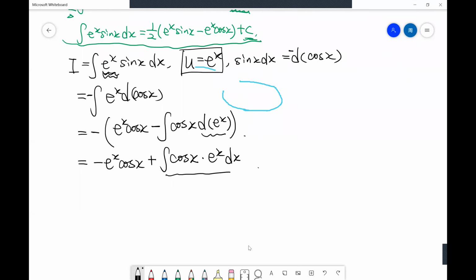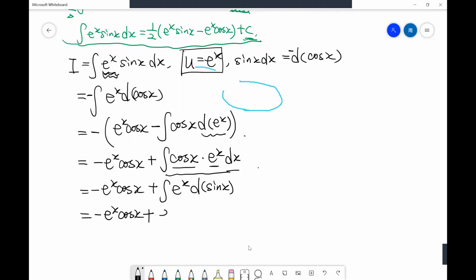So here that equals minus e^x cos x plus, we leave e^x as u, and then cos x dx makes d sin x, right? And that equals minus e^x cos x, the same. And then plus we use integration by parts.